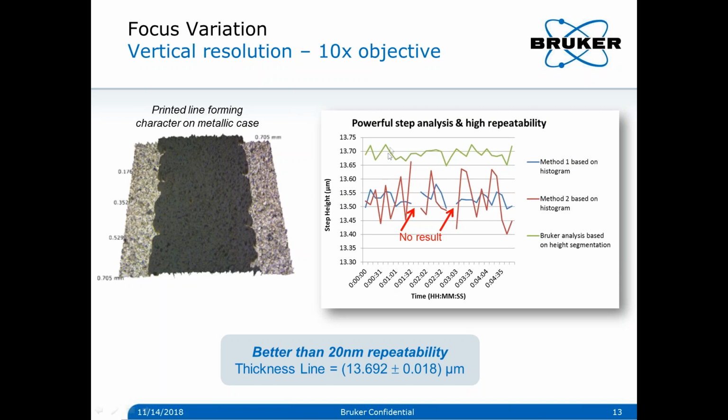With the right analysis method, we obtain a thickness of around 13.7 microns plus or minus 20 nanometers. So it shows a vertical resolution capability of around tens of nanometers, which is certainly at minimum one order of magnitude lower than white light interferometry, but still very decent for precision engineering parts, for instance.